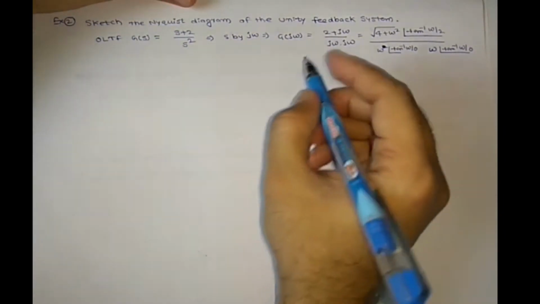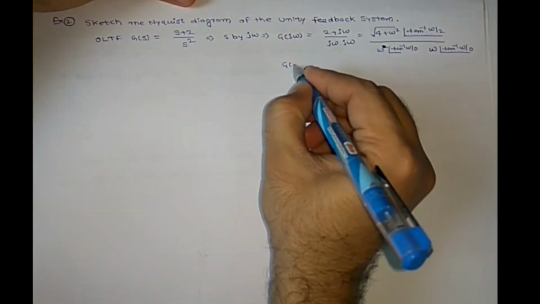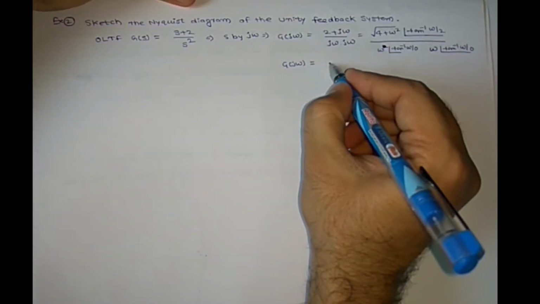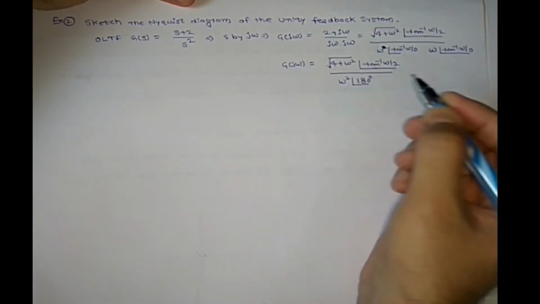Clear? So G(j omega) equals square root of 4 plus omega square, angle tan inverse omega by 2, over omega square, and this will be 90 degrees and this will be 90 degrees. 90 plus 90, 180 degrees, right?